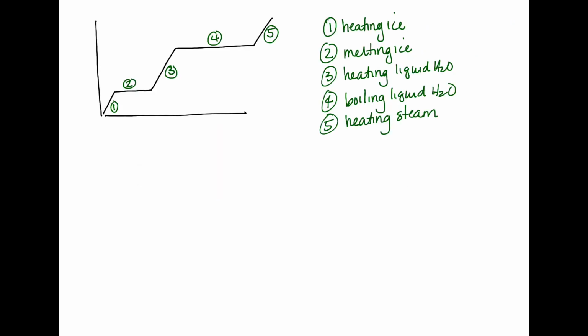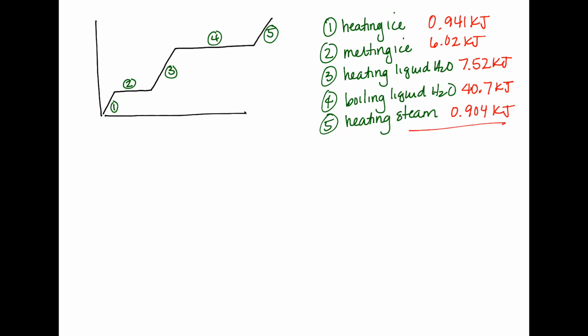All right, so I've drawn us our little heating curve here, and I've written down what each one of these segments was. Now if I add in the energies, this one was 0.941 kilojoules, this one was 602 kilojoules, this one was 7.52 kilojoules, this one was 40.7, and this one was 0.904 kilojoules.